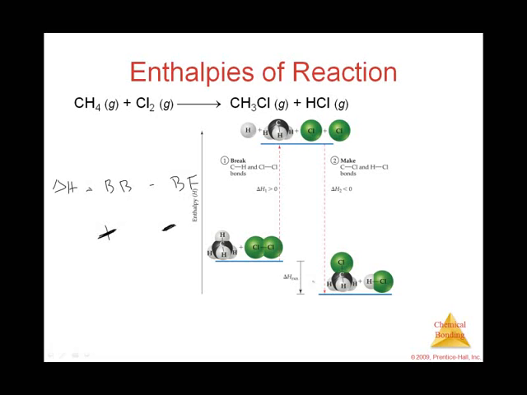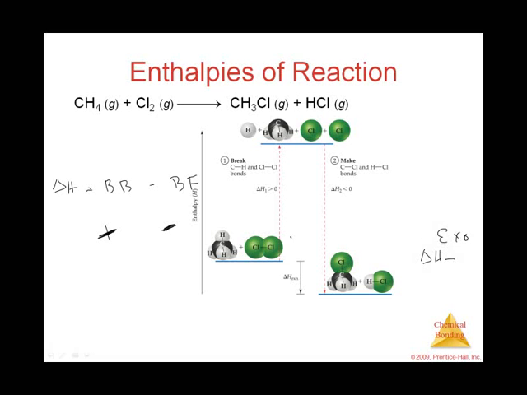Okay? So in order for this reaction to occur, I need to break the bonds between the Cl and the Cl and the C and the H. And that is endothermic, requires a bunch of energy. But when these come back together, okay, these bonds are formed, that releases energy. And if the net is a greater release, then this is going to be exothermic, right?